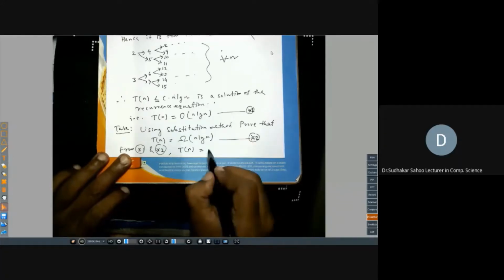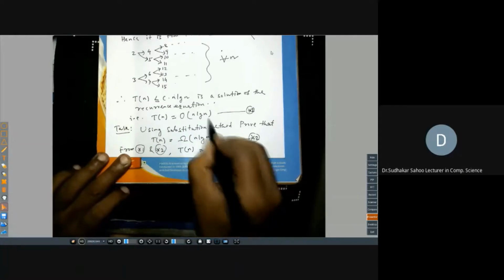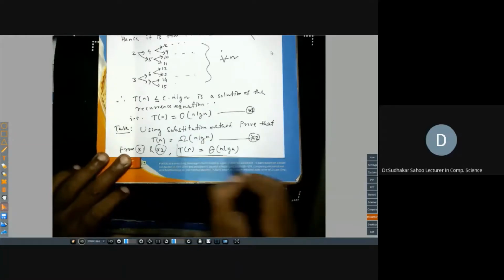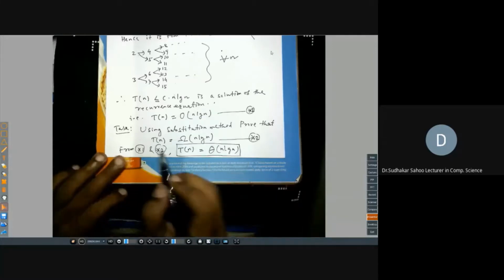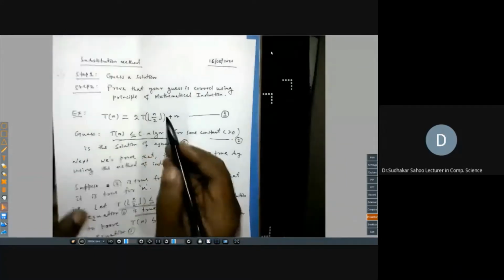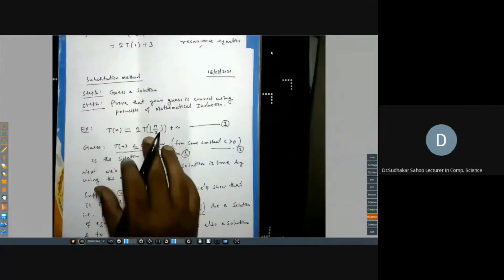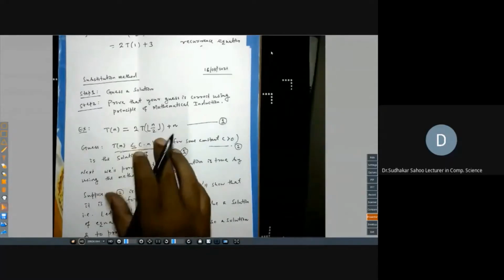That means this is theta of n log n. So if you combine, you get the solution of this is theta of n log n using substitution. This particular problem we have solved already, that this is theta of n log n, using the recurrence tree method.